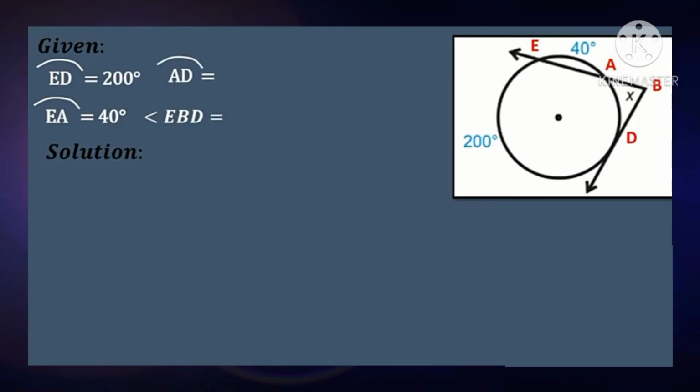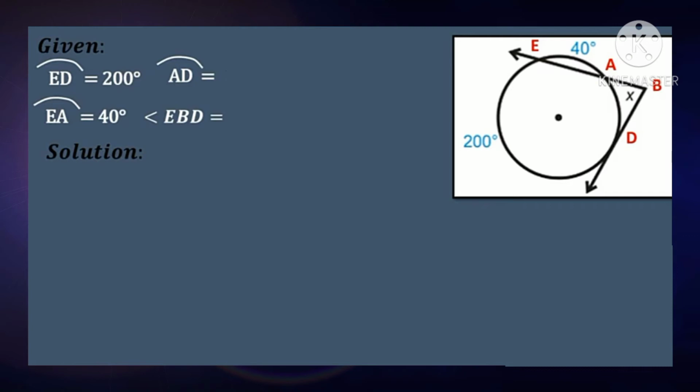Let's now try to find the measure of the exterior angle that is formed by a secant and a tangent. The givens are arc ED, which is equal to 200 degrees, and arc EA, which is equal to 40 degrees. We need to find the value of arc AD, which is the intercepted arc.